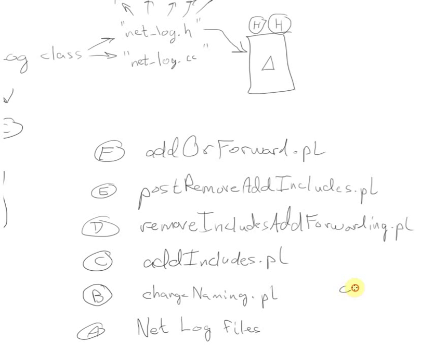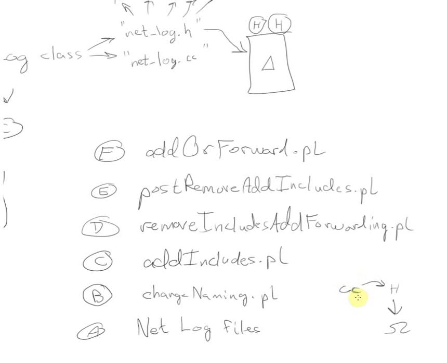If we have a CC file and its tandem H file, the CC always includes the H as a convention in the Chromium code. So if you have a CC with a certain name like Zulu.cc, then Zulu.h will always be included by Zulu.cc.